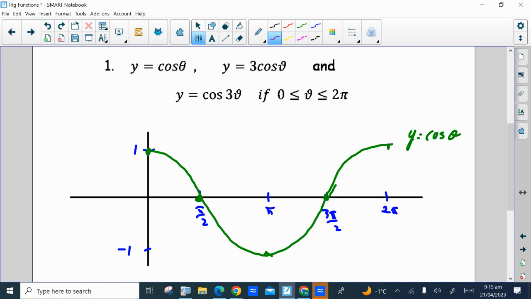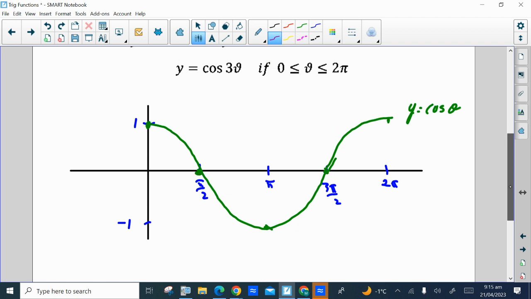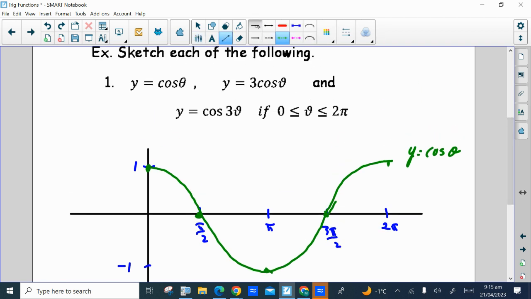Now for the next one, it's 3 cos theta. So I'm just going to have to expand my y-axis here.